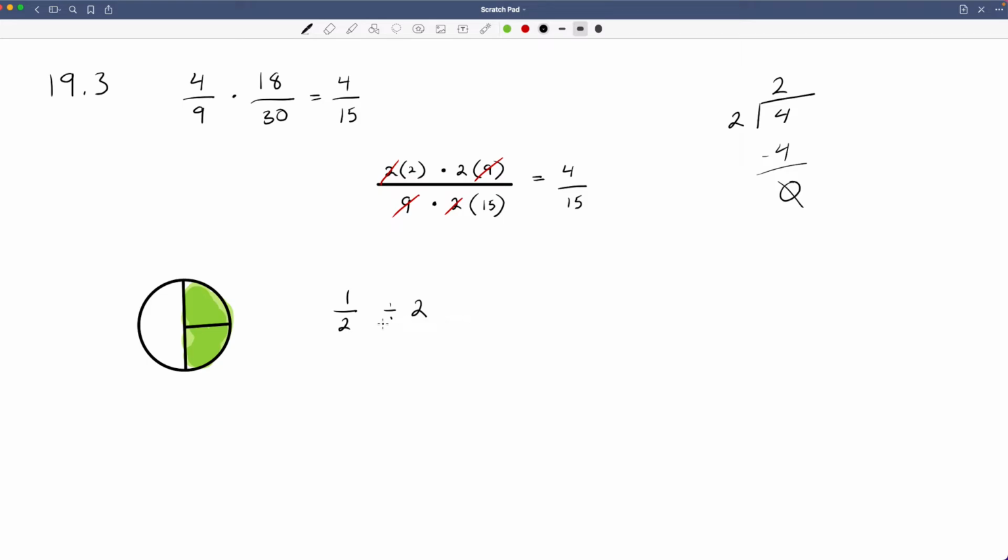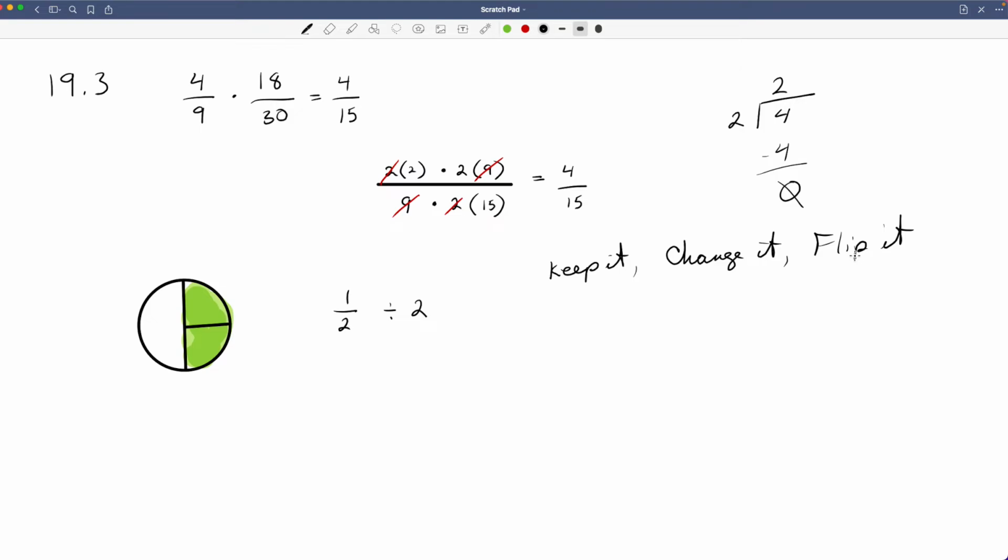So how do I get there mathematically? Well, knowing that multiplication is the inverse operation, we can employ a tactic called keep it, change it, and flip it. And that's what we're going to do.